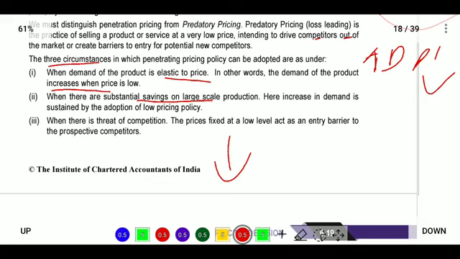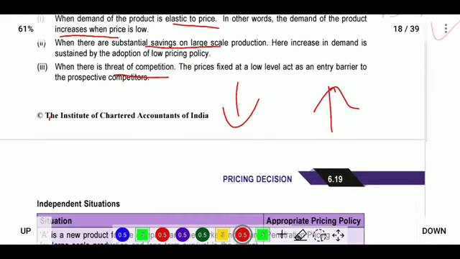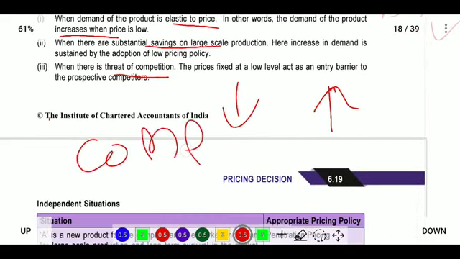So with a low pricing strategy, your demand will automatically increase. And third, threat of competition. The price fixed at a low level acts as an entry barrier to prospective competitors.